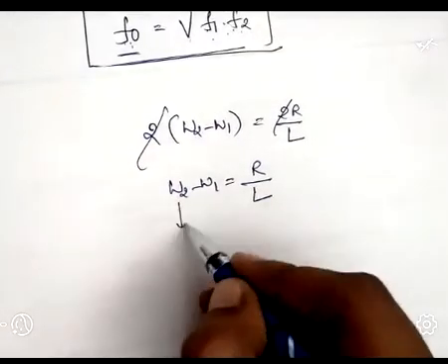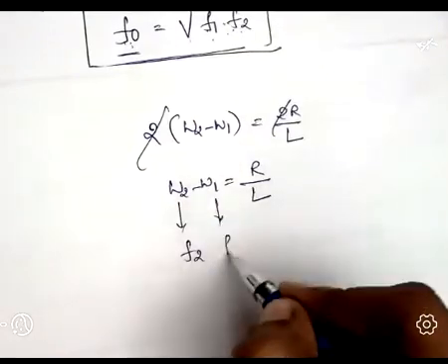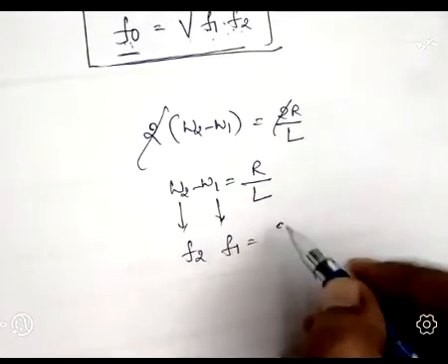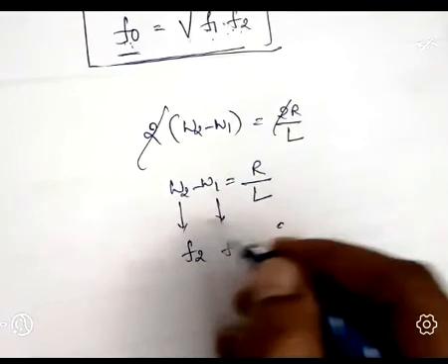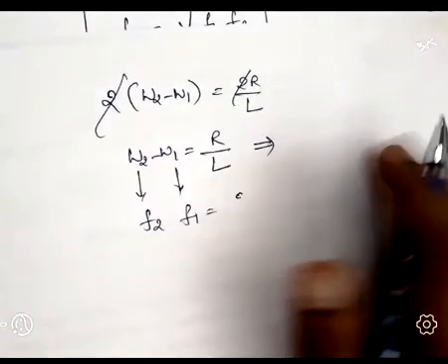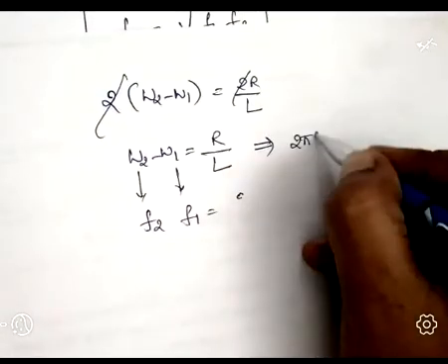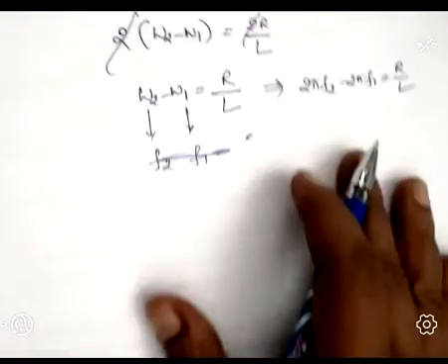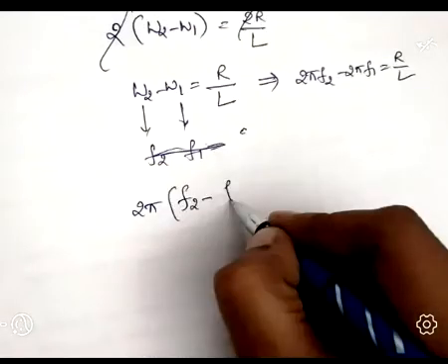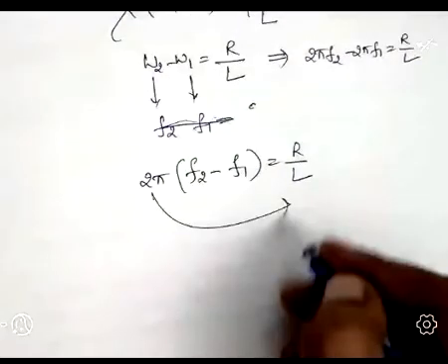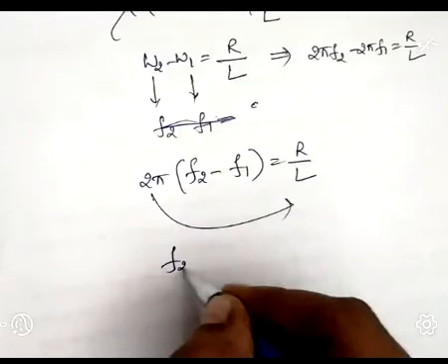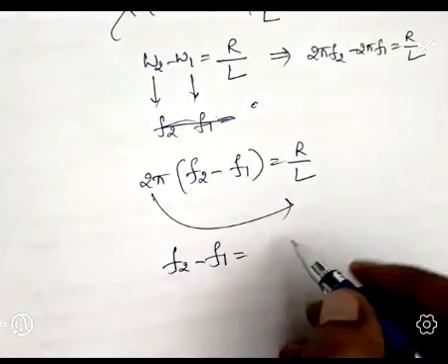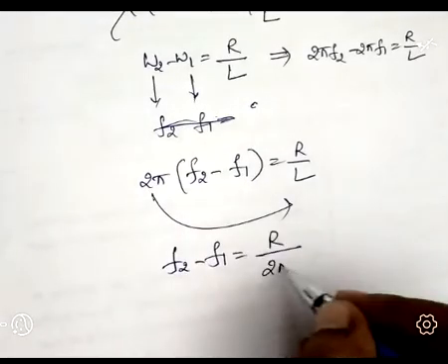This is indicated as f2 and this one as f1. So in another way, we can write 2 pi f2 minus 2 pi f1 is equal to R by L. Okay. Now let us take 2 pi common: f2 minus f1 is equal to R by L. Let us take 2 pi towards the RHS: f2 minus f1 is equal to R divided by 2 pi into L.